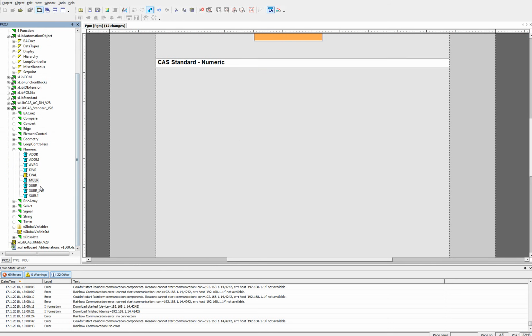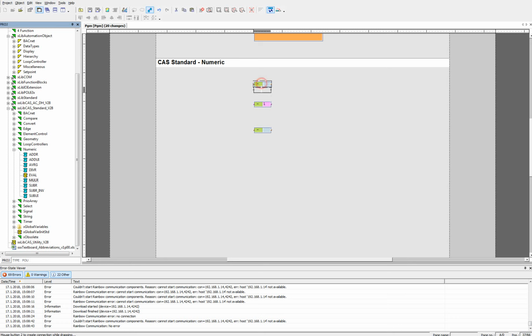The next group of functionality is subtraction. We have 3 blocks for subtraction. The first block is subtraction for real values, the second is for unsigned integer, and the third is inverted subtraction of the real values.